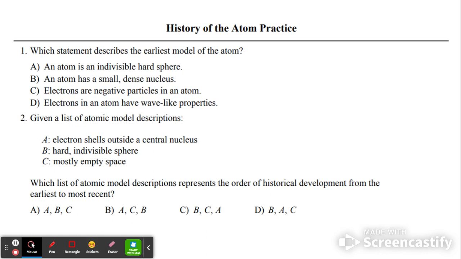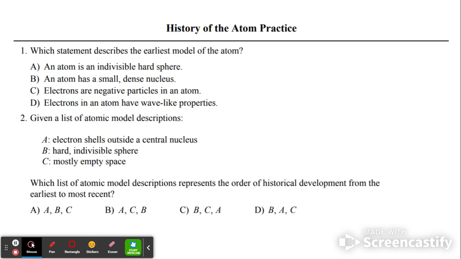Question 2. The best chronological arrangement of the given events would be D, as we have established in question 1. Event B, being that atoms are hard, invisible spheres, was the first conclusion to be made.